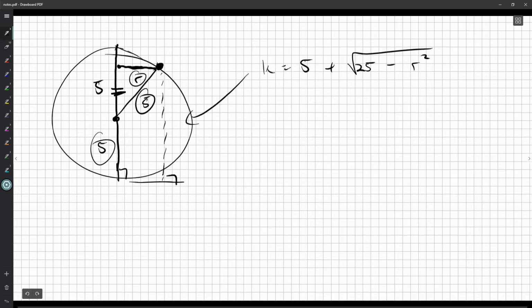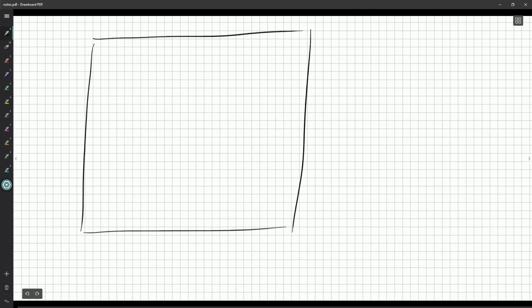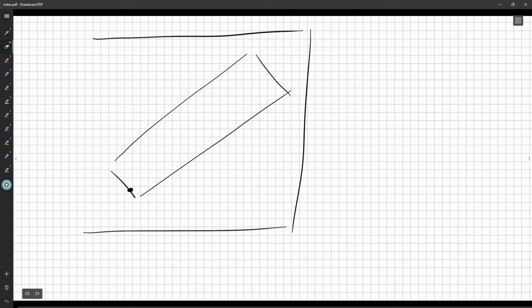Okay, so in terms of r, that's what we've got. So if I go back to my top-down picture, if my side hits here, that's a distance r off of the diagonal, height of k.